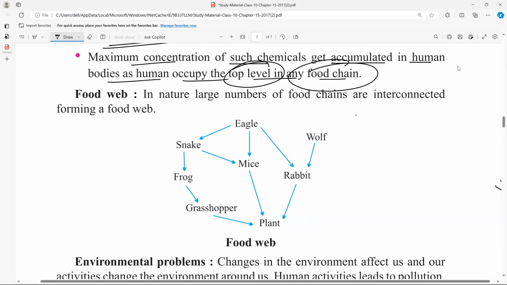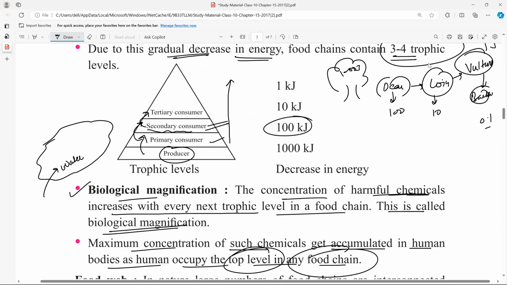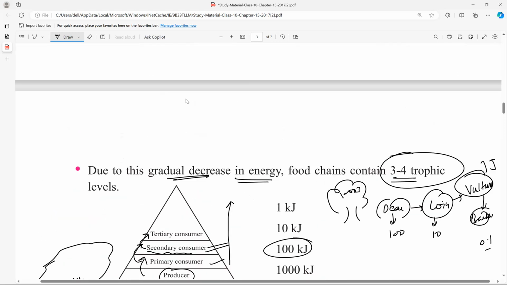food web. Sir, Yes, sir, can you please show 10% low? Because my network was not there. this is 10% law. Sir, definition.